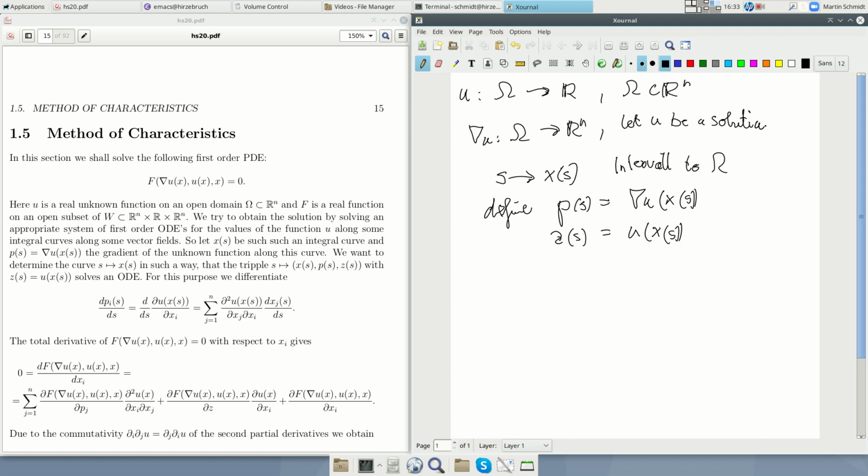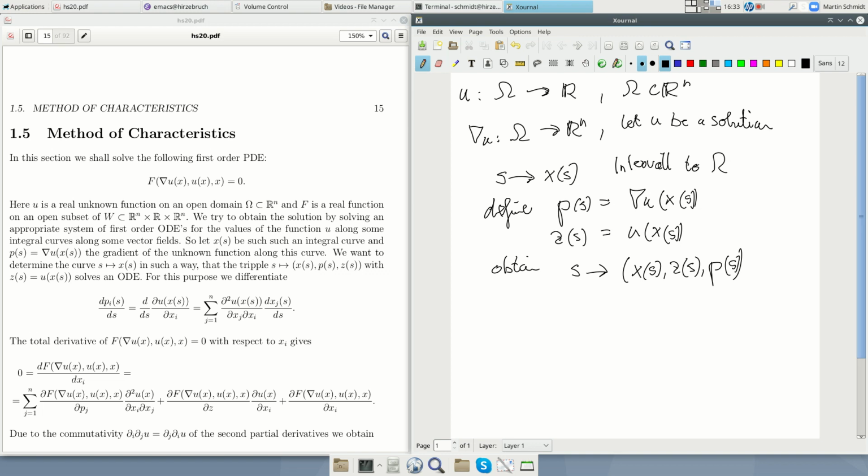So we assume we have a solution, and then we choose a proper path. This will be made more precise in a minute. And then we obtain a path going from the interval, we combine this to x of s, z of s, p of s.